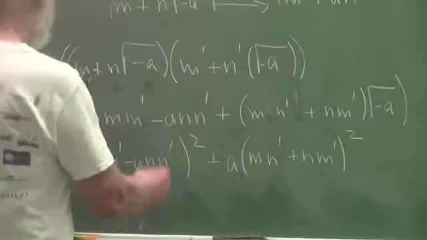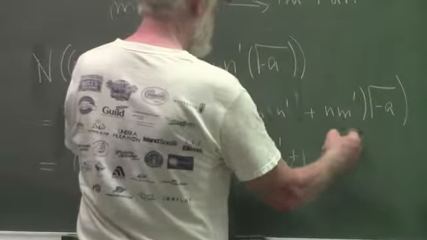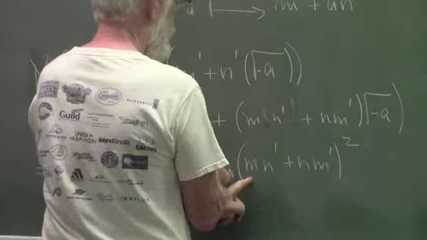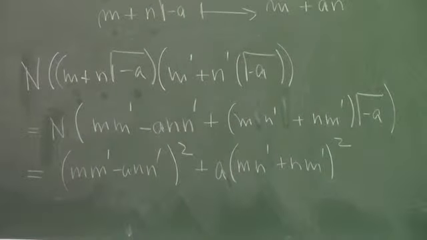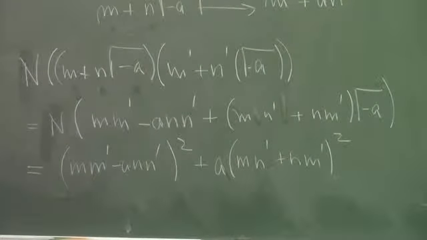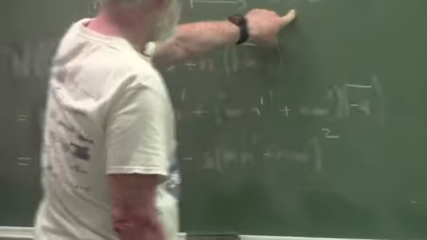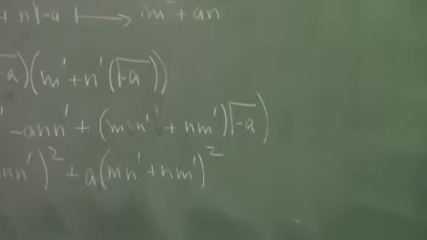I took the square of this, I take the square of this and multiply it with A. Shouldn't that be a minus A? Here's my definition. Oh, so there's a plus.